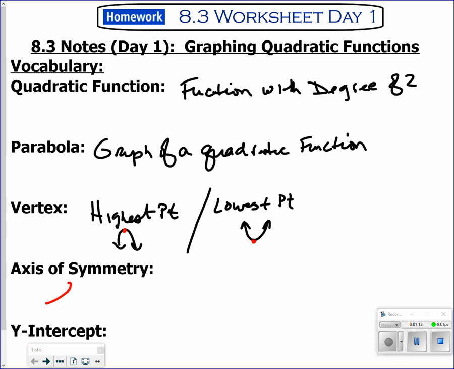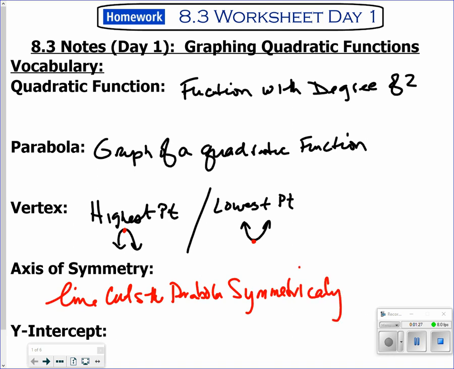So the axis of symmetry is a line that cuts the parabola symmetrically. And then the last one, not my favorite question, but it does make more sense in this particular lesson.